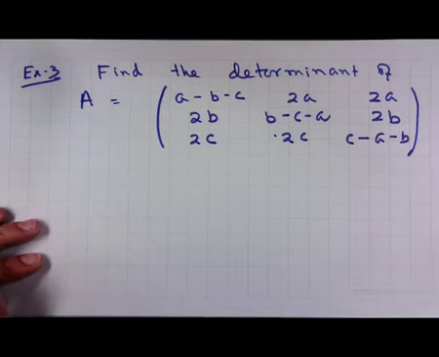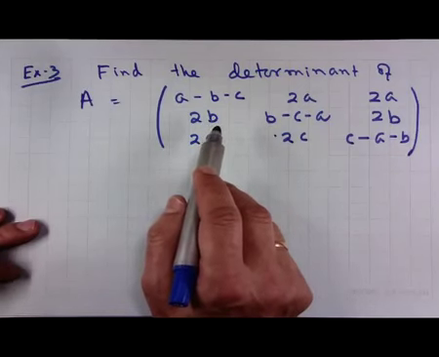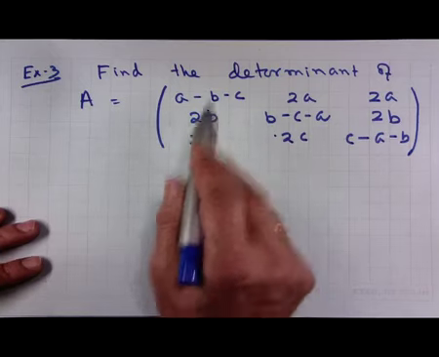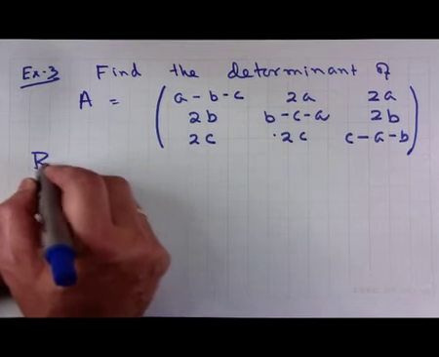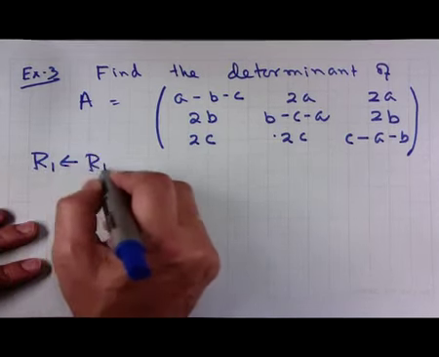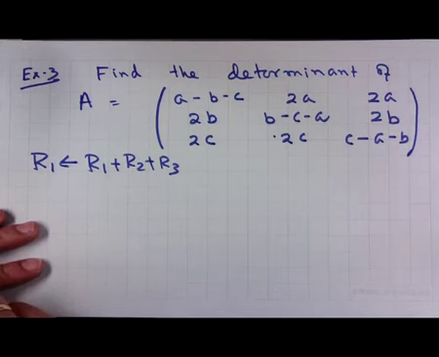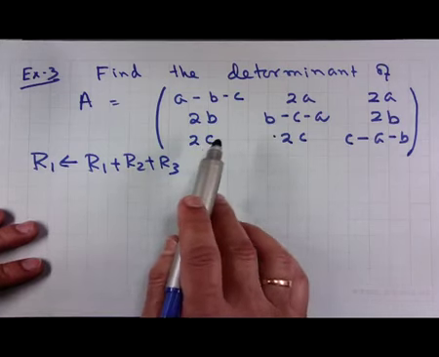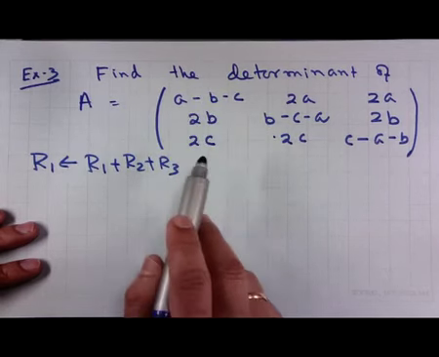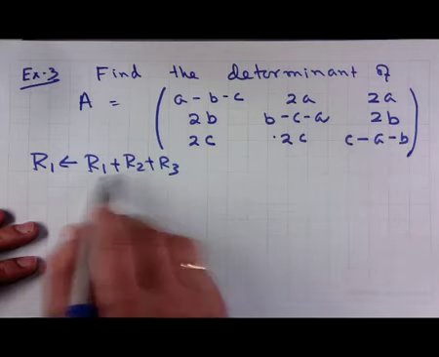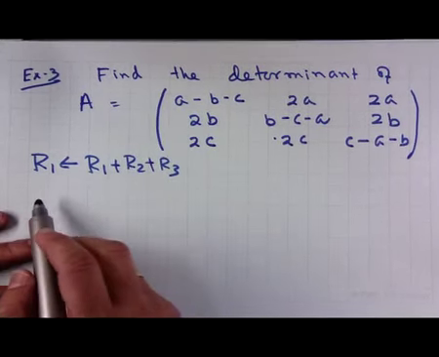Now, we find that if we add the rows, what is going to happen? So, let me do two things at one go. R1 goes to R1 plus R2 plus R3. In the previous example, I have done it in two steps. First, row 2 was added to row 1 and then row 3 was added to row 1, but now let me do it at one go. So, what I am doing? I am adding these two rows to the first row.